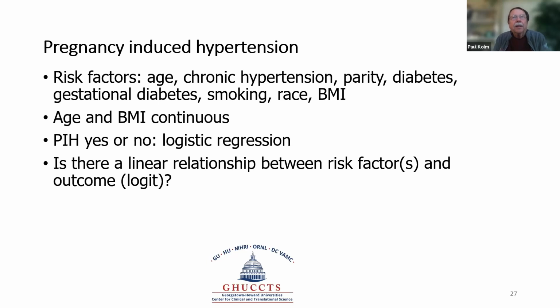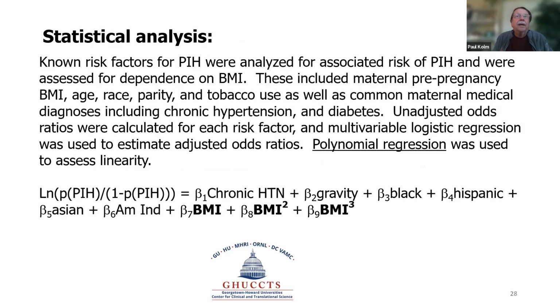And so we think that maybe they might be, but when it comes to BMI, maybe that's not linear. And so we're going to use polynomial regression in this case to assess linearity. And so polynomial regression uses integers.